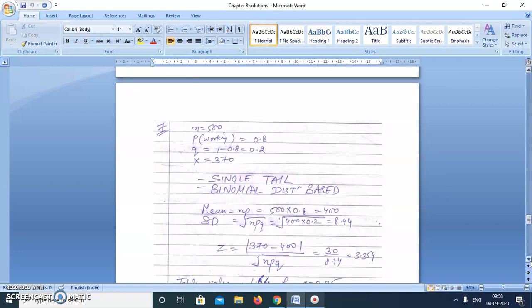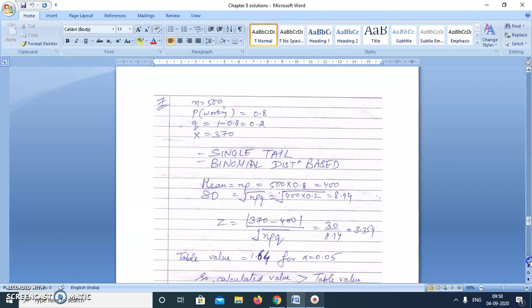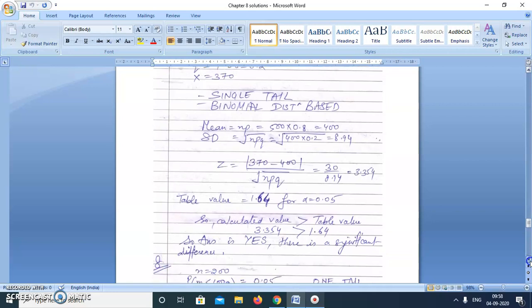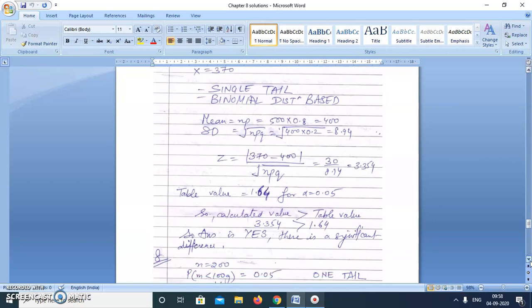At 370 times it was found to be working. Probability of working is 0.8 and probability of not working is 0.2. And do these results suggest that the machine was running significantly below the target efficiency? They are asking below the target efficiency, so it is a single tail question, and we'll calculate the Z statistic and compare it with the table value.